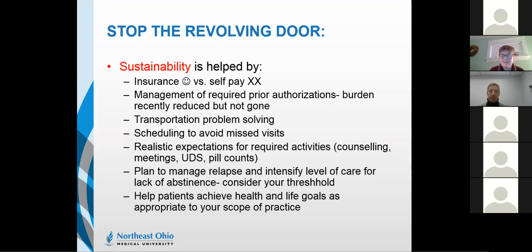We have an opportunity to stop that revolving door where people come into treatment, aren't able to meet our expectations or their own expectations, or things aren't working out, leave treatment, and then define themselves as a treatment failure.